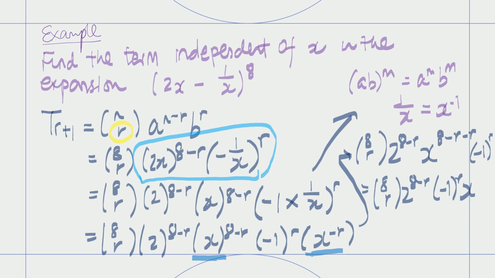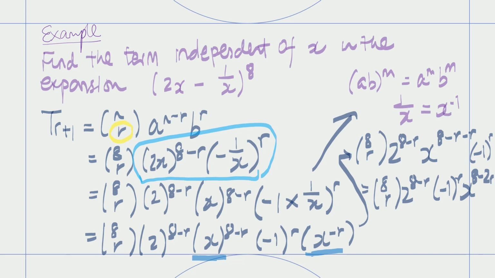Alright, I'll get 8x to the power of 8 minus 2r. What we're going to do next is find the position. We need to know where the term independent of x is.